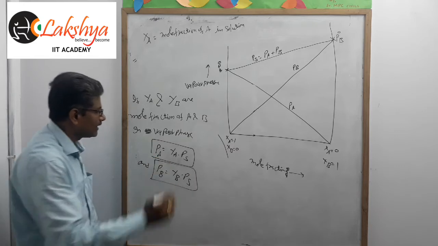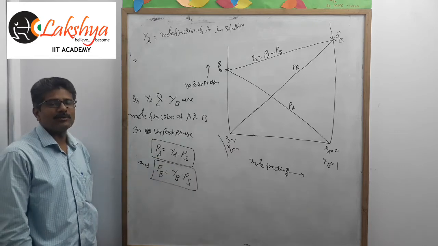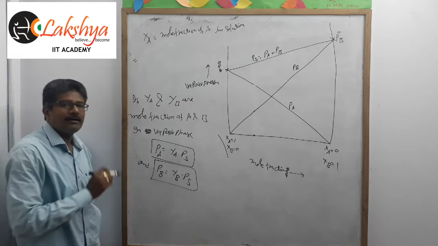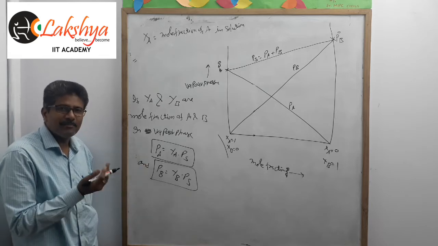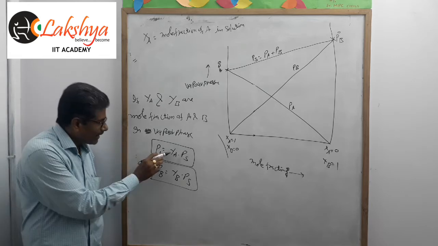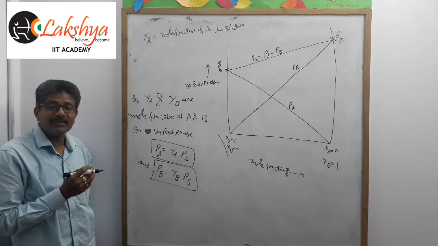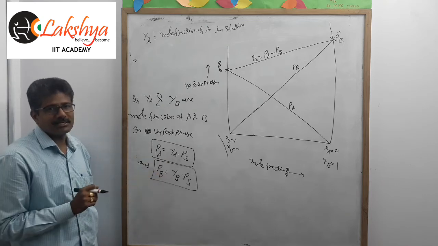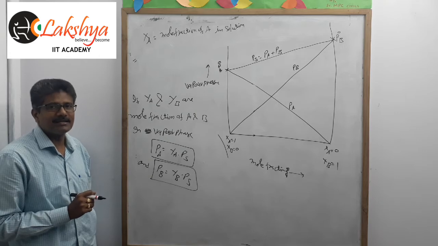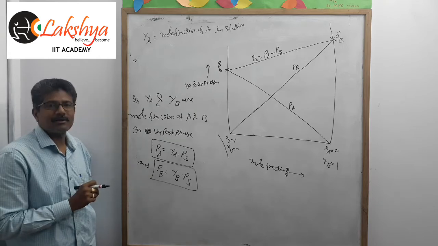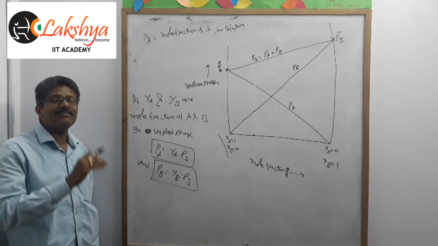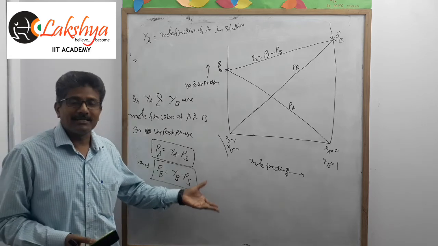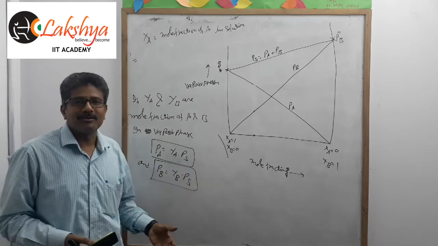PA and PB are partial pressures of A and B in the mixture. YA and YB are mole fractions of A and B in vapor phase. PS is the total pressure. Understand? So this is the concept of vapor pressure of a solution containing volatile liquids.